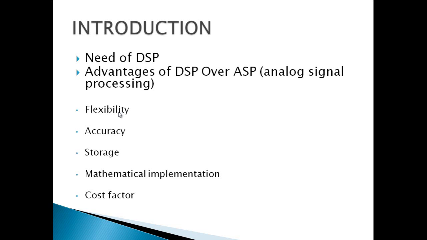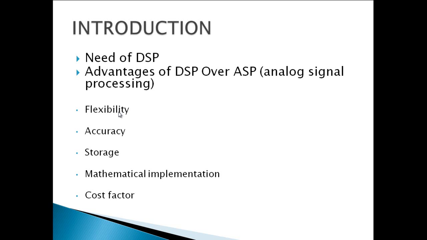For example, a high pass digital filter can be changed to a low pass digital filter by simply changing the software. You don't need to make any changes in the hardware. This makes them highly flexible. Such a change is not possible in analog systems.